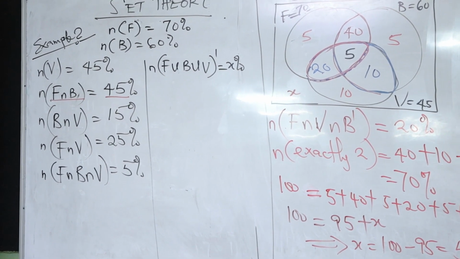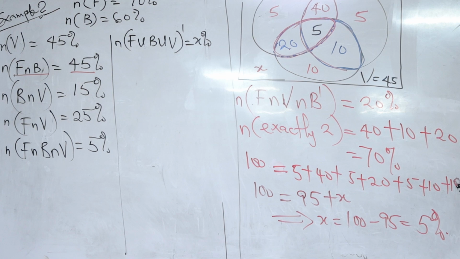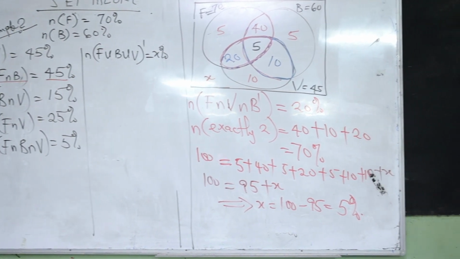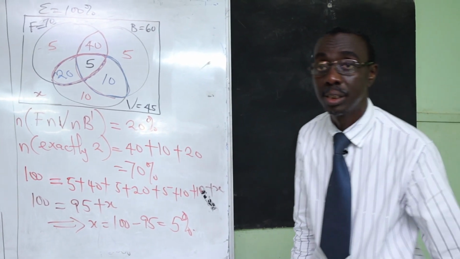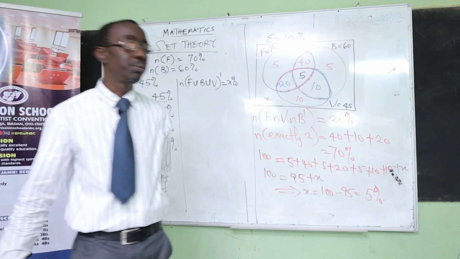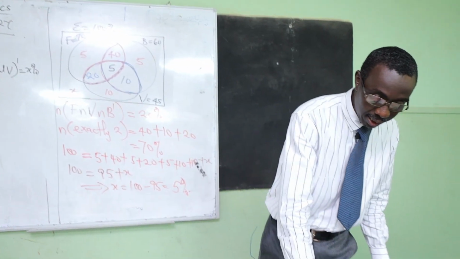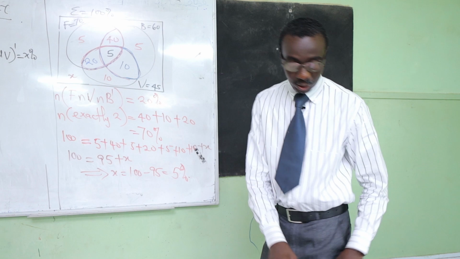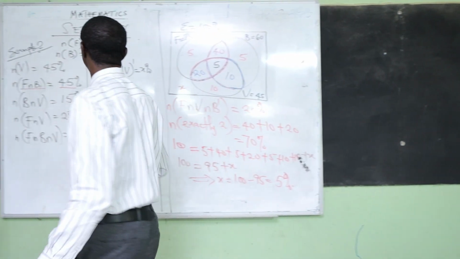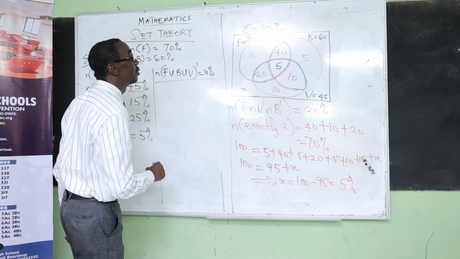Number of students or percentage of students who liked at least 2 games. At least 2 games. Let's see someone that can help us interpret that, because we have done something like that in the first example, so it should be easy for you.